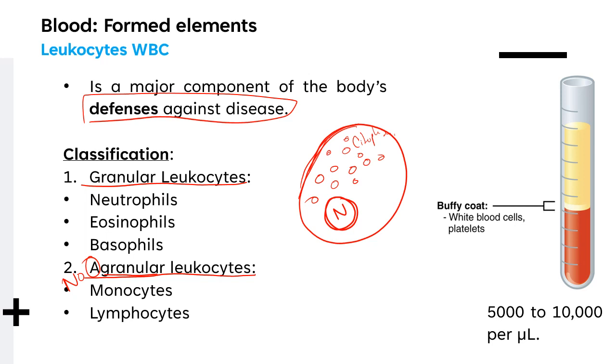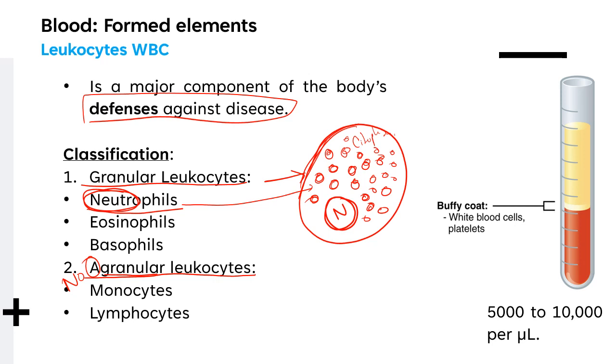Now let's look at these ones here. So the ones that contain granules, depending on the stain that we use, depending if they react or if they color, we can classify those granular leukocytes in three. Neutrophils, as the name implies, they're neutral, so they do not stain well, and even though they have granules, you will not see a significant color or a specific color that will attach to those granules.